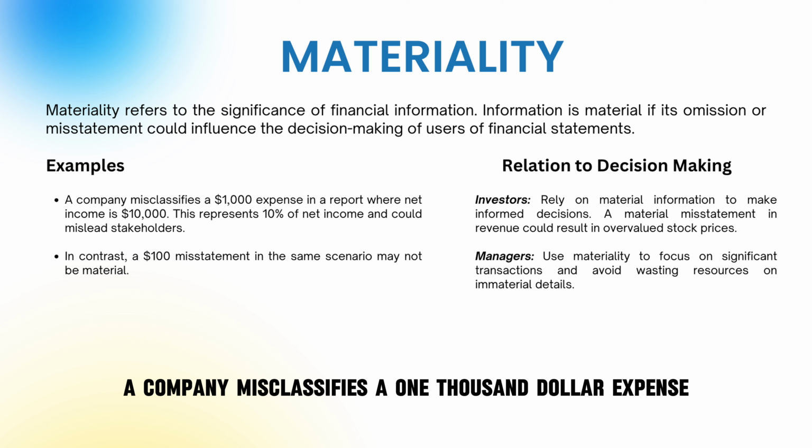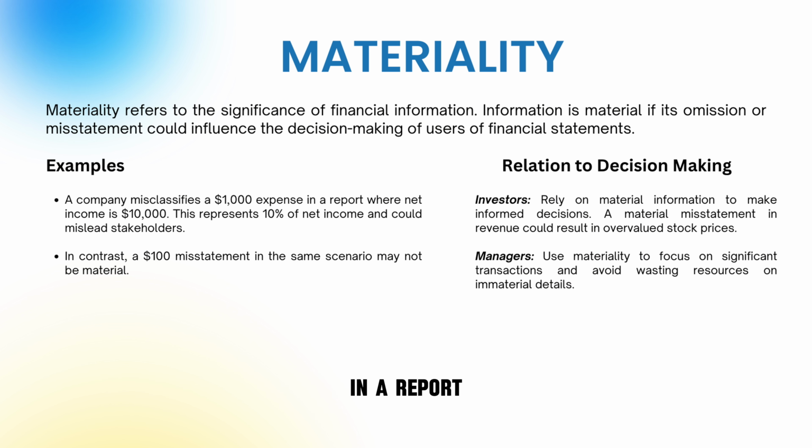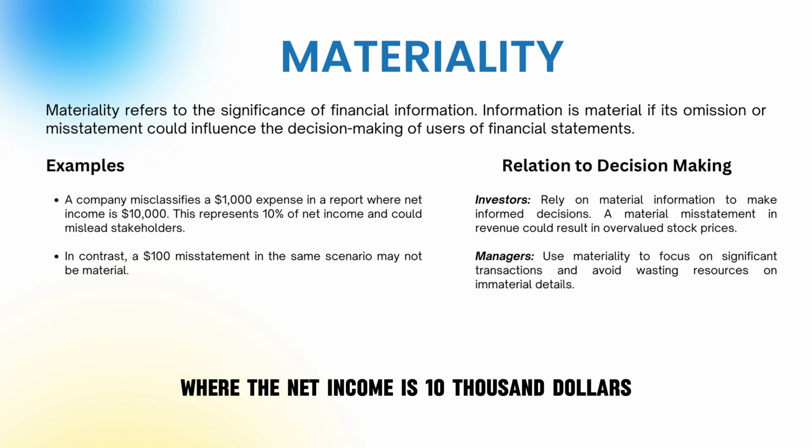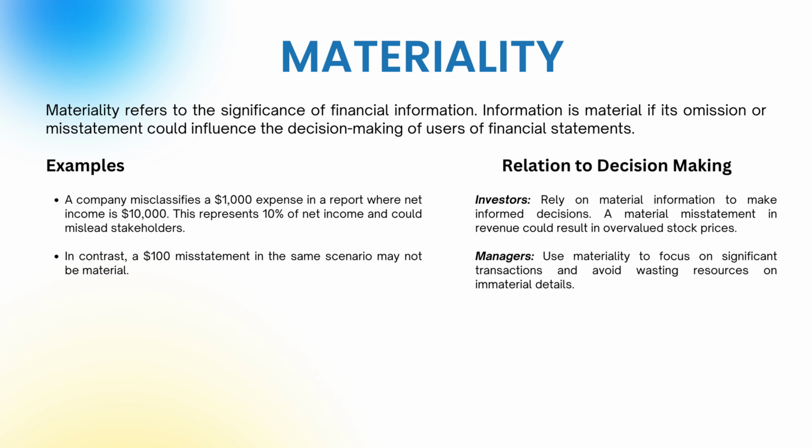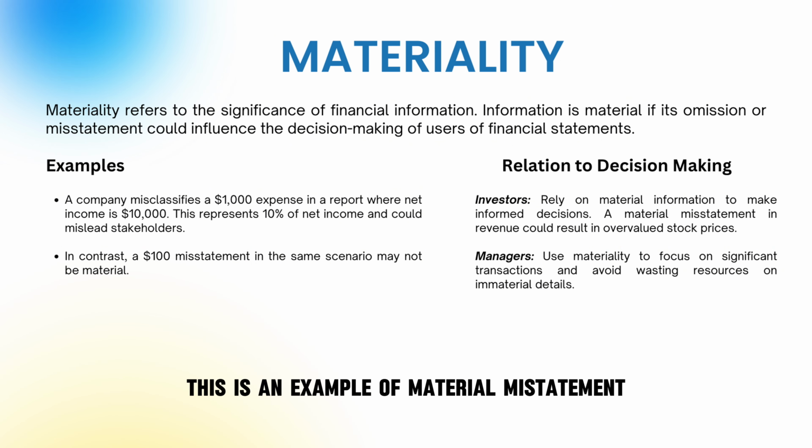Imagine a company misclassifies a $1,000 expense in a report where the net income is $10,000. This error represents 10% of the net income, which is significant and could mislead stakeholders. This is an example of material misstatement.